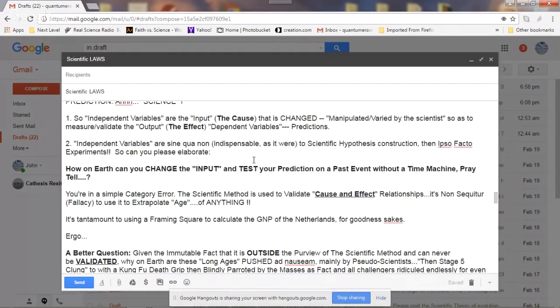You can't do it. The scientific method is used to validate cause and effect relationships. It's non sequitur to use it to extrapolate age of anything. It's tantamount to using a framing square to calculate the GDP of the Netherlands, for goodness sakes.